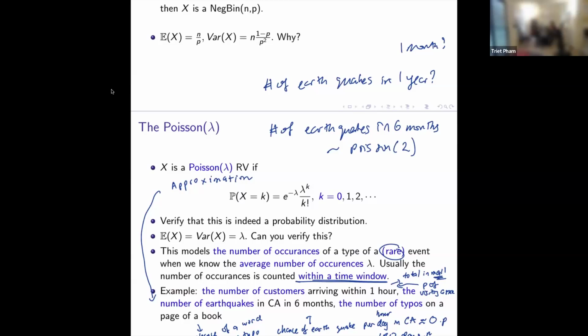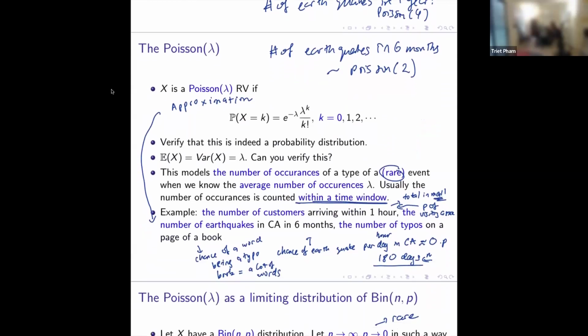The answer is yes, I do. Just scale it up. In 1 year, that will be a Poisson 4. In 1 month, it will be a Poisson 2/6. You understand? So that's why, for example, once you have the number of typos in a book being a Poisson, you can scale it down to a page.